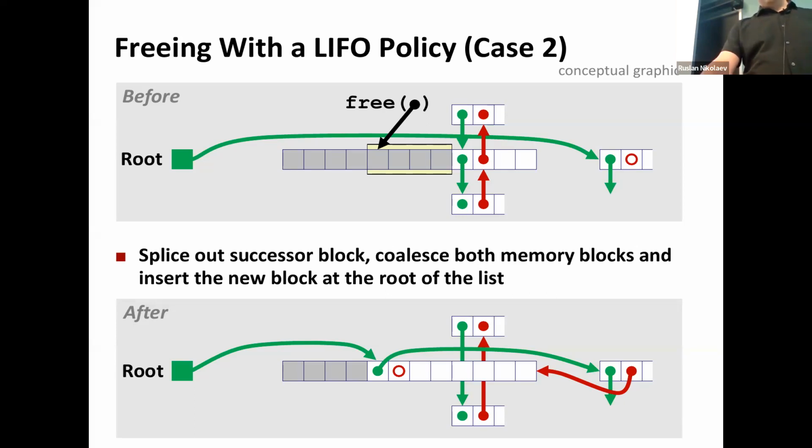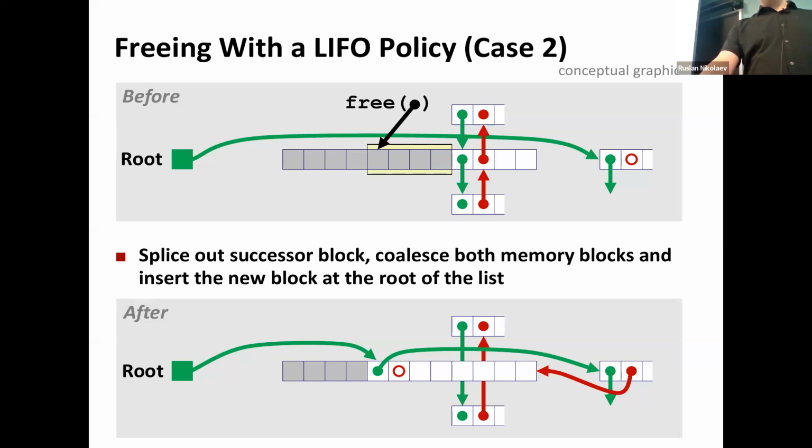Yeah, so again, look, we have this free block that we are trying to free. We are about to insert it to the front, just like in the previous case. But before we do that, we need to make it larger. We need to coalesce with the next block. But the next block is already free. So that means if it's free, it has to be somewhere in the list. We don't know where exactly, but it's somewhere in the list.